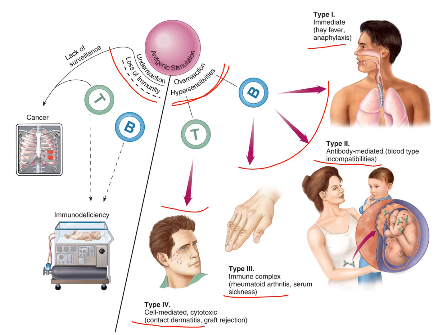In this lecture, I'm going to focus on a different type of hypersensitivity, and that is autoimmunity. Autoimmunity is where your immune system is responding to a self-antigen. So a self-antigen is a molecule that is a normal part of your body and your immune system is responding to it.